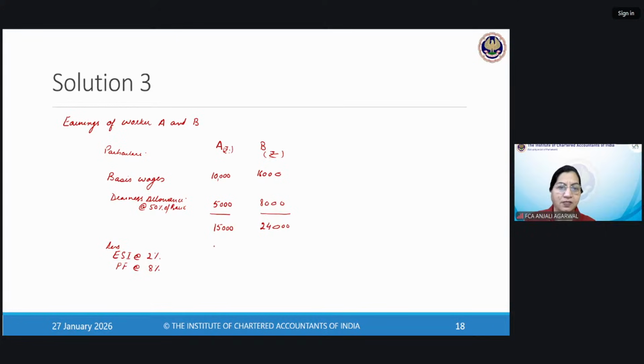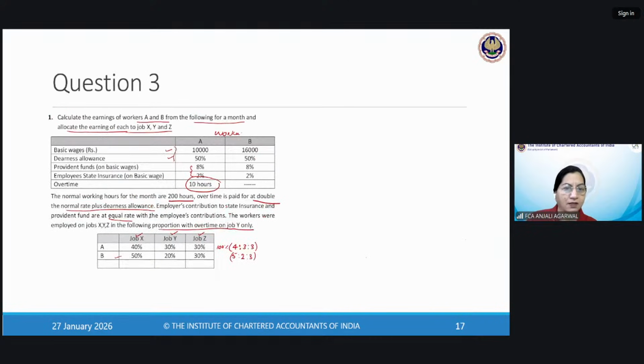So this is 200 and 800. This will be deducted. Why? Because the employee is making a matching contribution, employee's contribution equal rate. So employer's contribution to state insurance and provident fund are at equal rate with the employee's contribution.